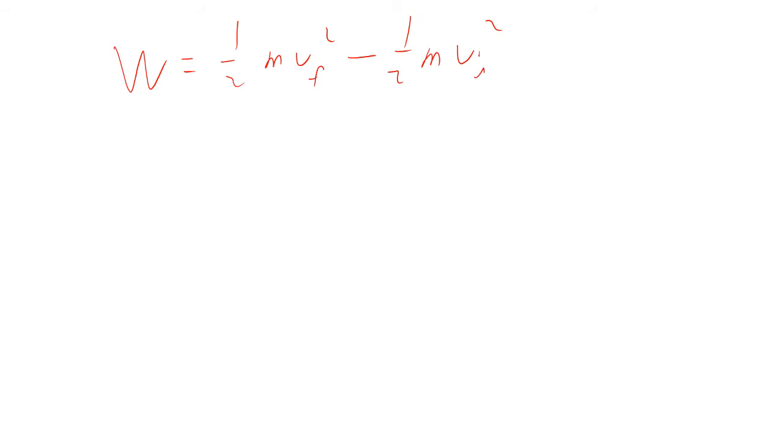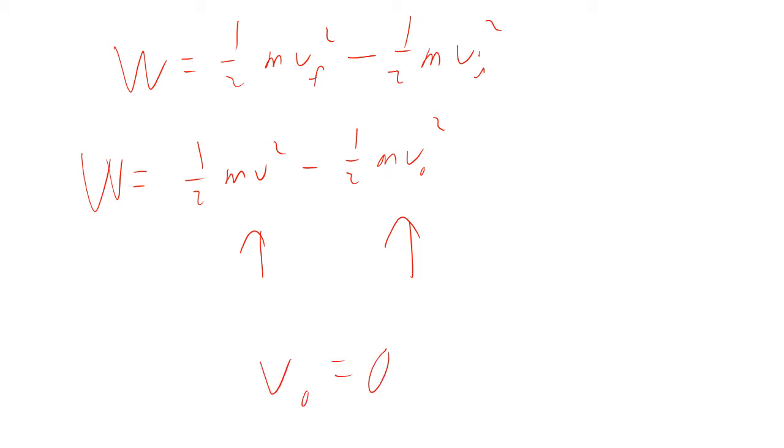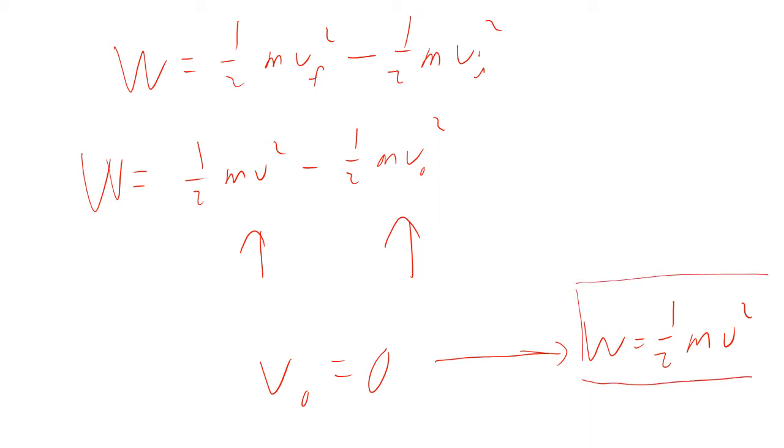Or, with our other terminology, 1/2 m v squared minus 1/2 m v naught squared, where v naught is my initial velocity and v is my velocity at a later time. Now, if v naught is 0, then the work done is the total energy that's in there, and in that case the work done would be 1/2 m v squared. So that's if the initial velocity is 0.